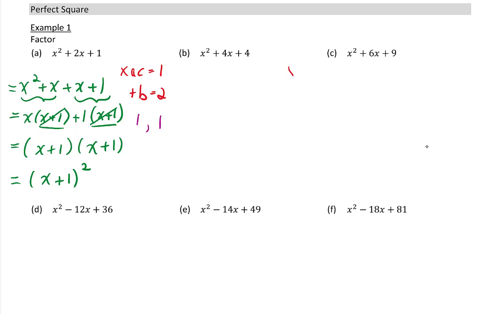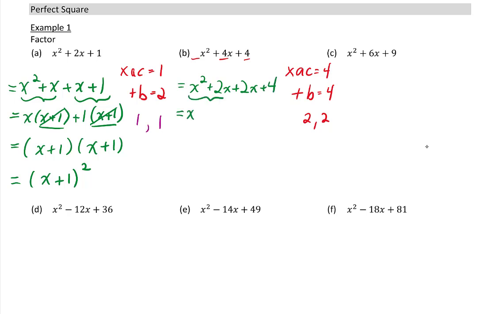We need two numbers that multiply to a times c, which is equal to 4, and add to b, which is also equal to 4. We see that these two numbers are 2 and 2. 2 times 2 is 4, and 2 plus 2 is 4. So if we rewrite this, we get x squared plus 2x plus 2x plus 4.